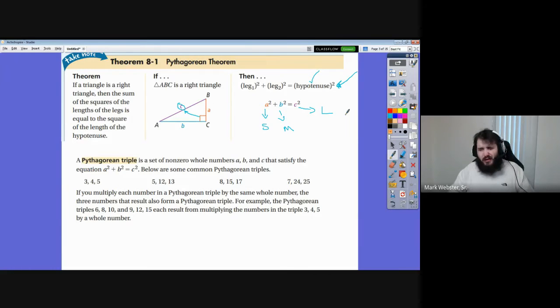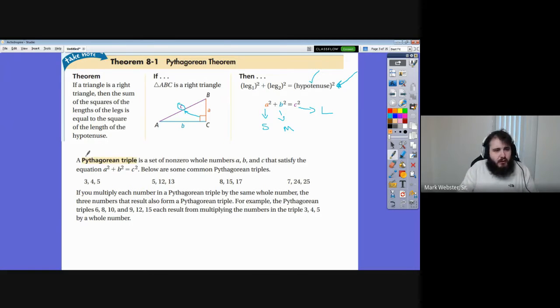So I'm always going to do that. But in the end, it's kind of your choice, as long as the hypotenuse is the side opposite the right angle, as long as that's what you put here. Otherwise, you're fine.